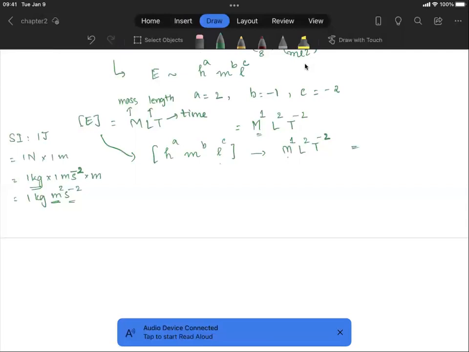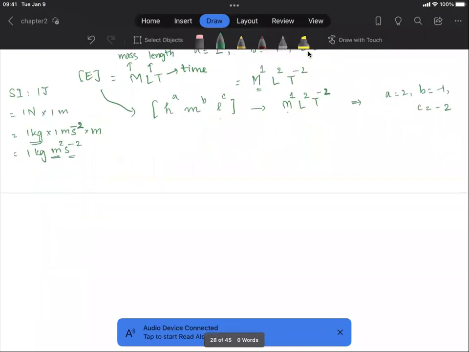And what we need to show is that a is 1, b is 2, and c is -2. Sorry, I just messed up the labeling. So we need to show that a is 2, b is -1, and c is -2.